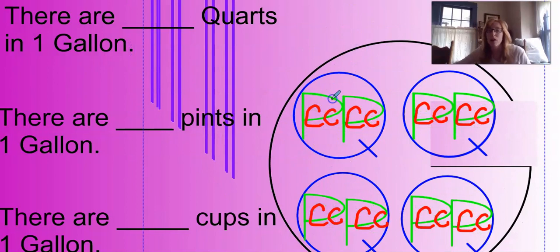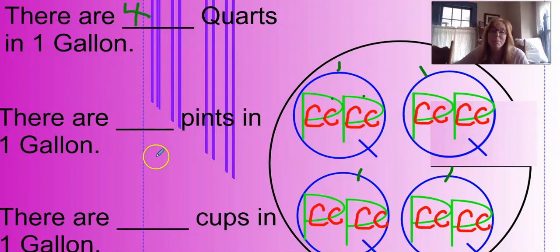All right, so we're doing quarts. 1, 2, 3, and 4 quarts. So we have our 4 quarts right here. So there are 4 quarts in 1 gallon. There are 4 quarters in a dollar. There are 4 quarters in an hour. So there are 4 quarts in 1 gallon.